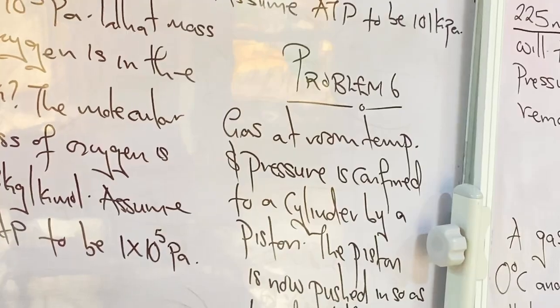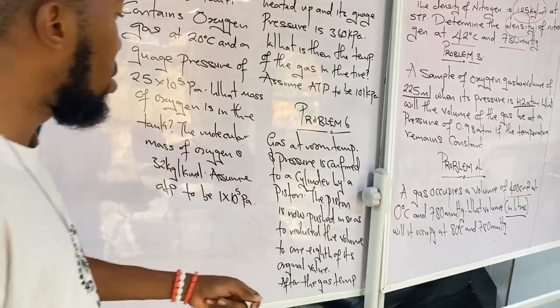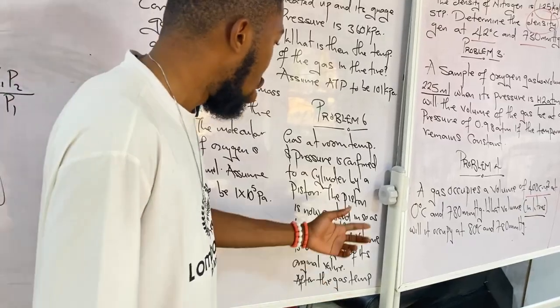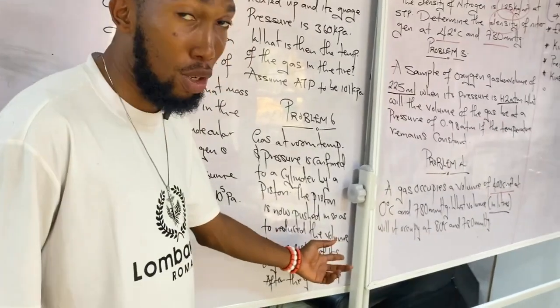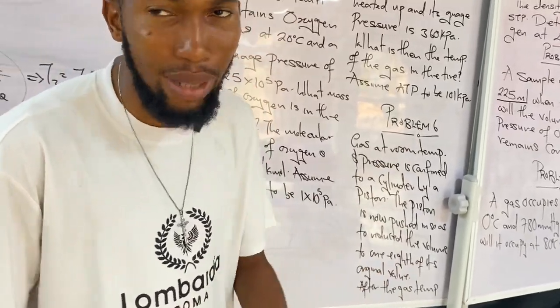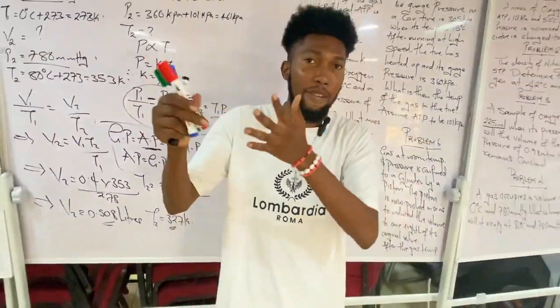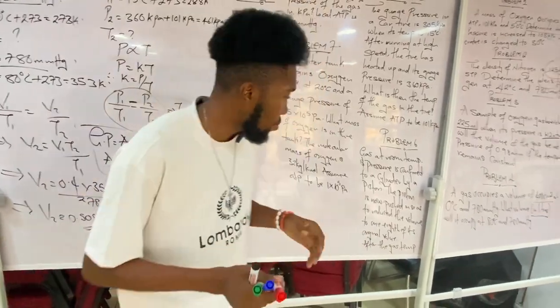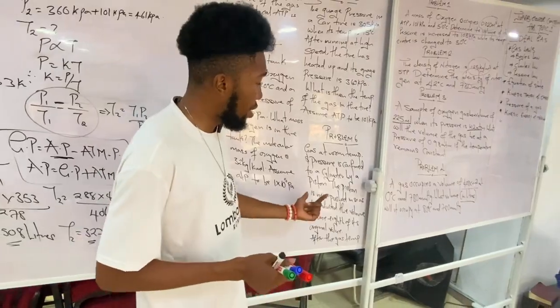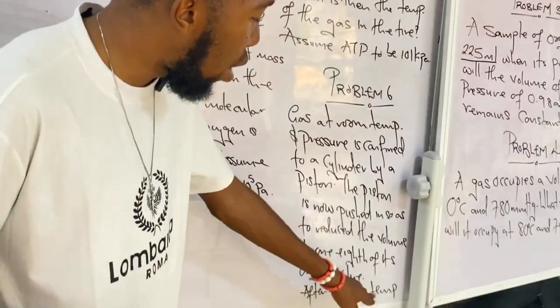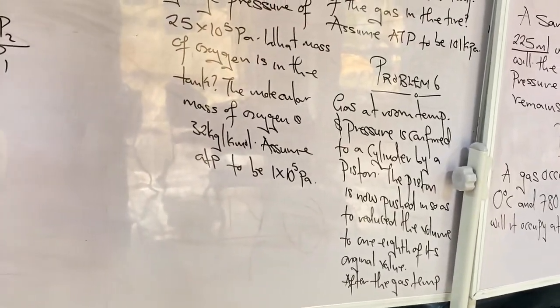Now the piston is pushed in. When you push a piston in, you are increasing the pressure so as to reduce the volume. That's the demonstration we talked about in the first video, the theoretical part of this topic. So as to increase the pressure, the volume is reduced to 1/8 of its original value.